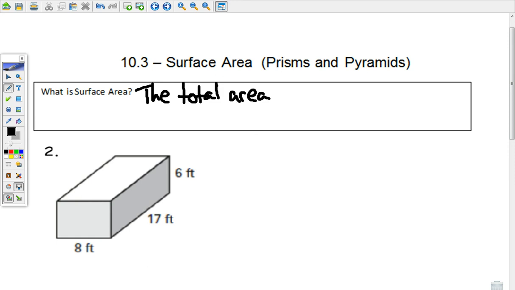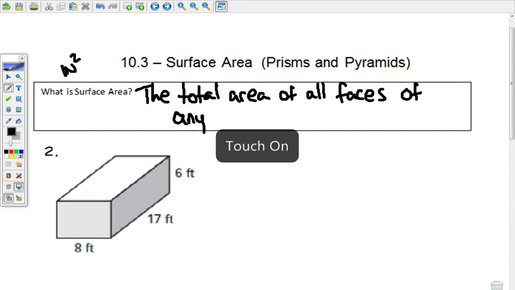Remember, area is always in inches squared or centimeters squared or things like that. And faces actually include bases. Bases are included in that too. So all the faces, all the sides, all the outside parts of any 3D shape.